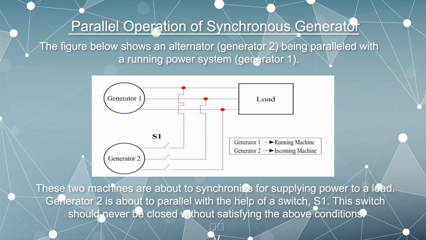These two machines are about to synchronize for supplying power to a common load. Generator 2 is about to be put in parallel with generator 1 with the help of this switch S1. This switch S1 should never be closed without satisfying the already listed conditions.